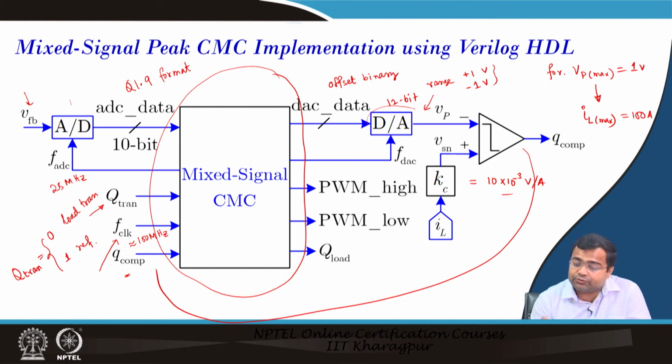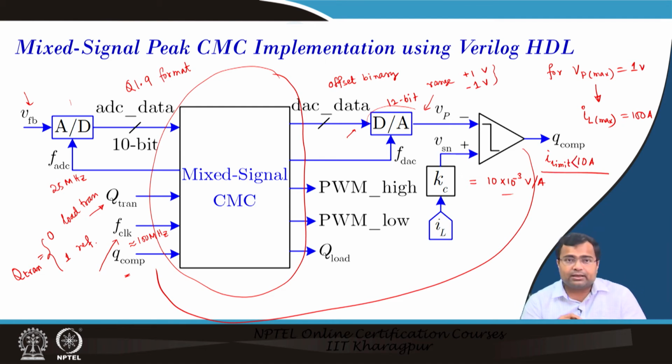So, we need to set this value accordingly, which we want to limit to 10 ampere or less than that. So, we want the current limit to be less than 10 ampere, that is our requirement. So, we need to accordingly define it in terms of the current difference.